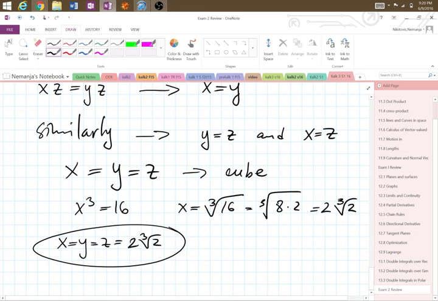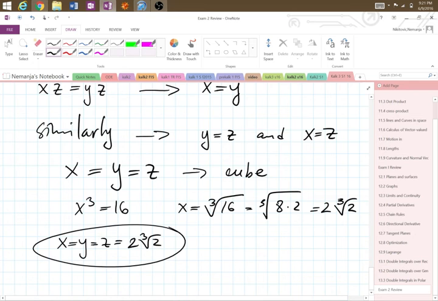Are there any questions? We calculated that x is equal to y; we started by assuming that they're not the same.